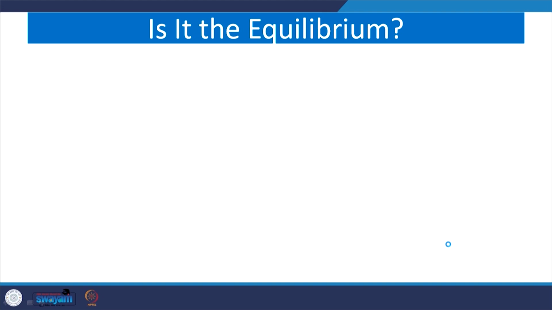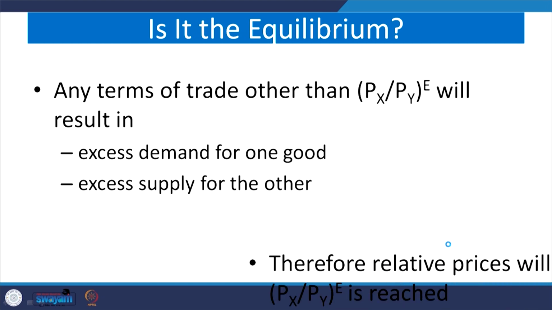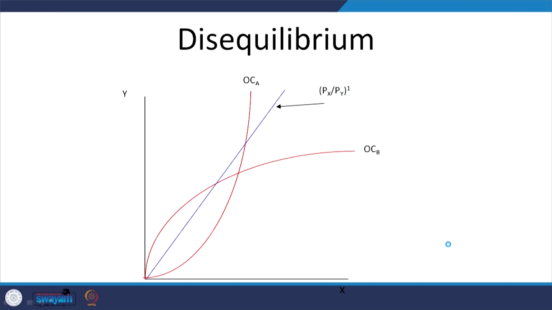Now the question arises, is this the equilibrium price? Yes, because any terms of trade other than that will create excess demand for one good or excess supply of another. So, the relative price will adjust until the ratio stands equal for both countries. Now, look at this point, the disequilibrium situation we want to explain.